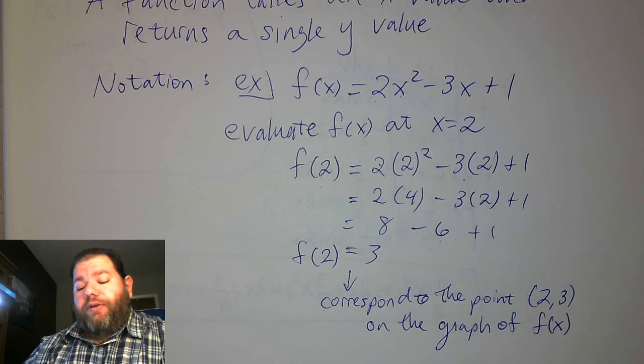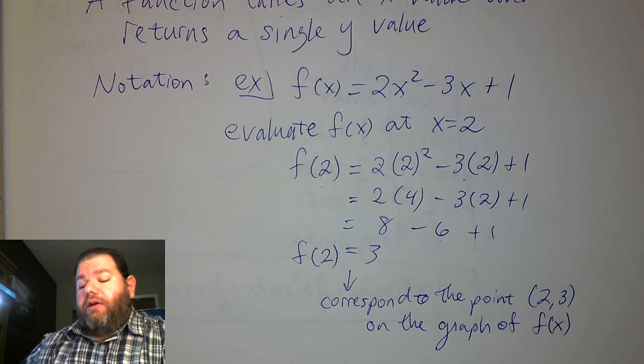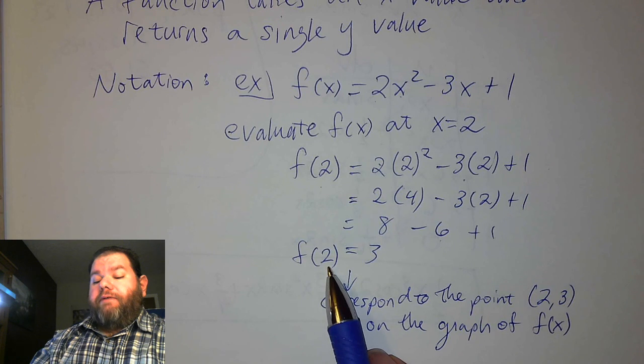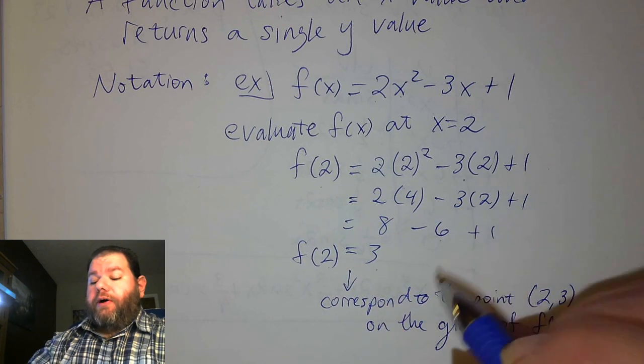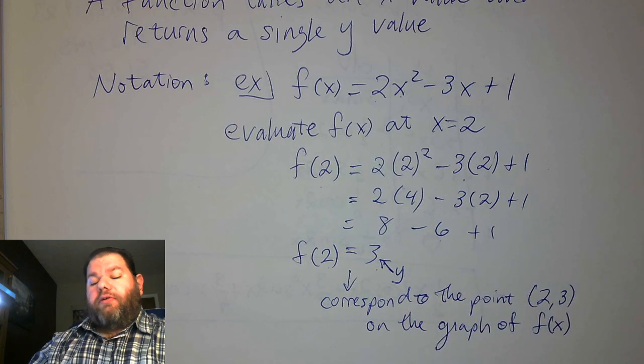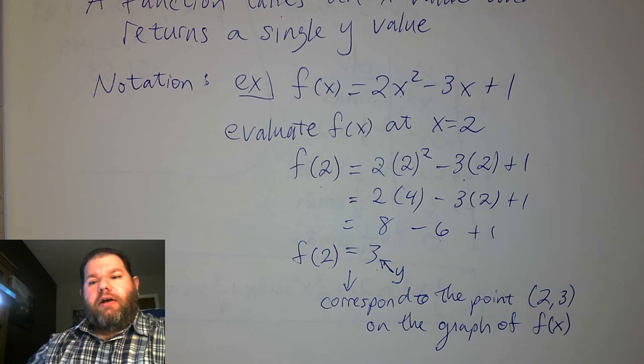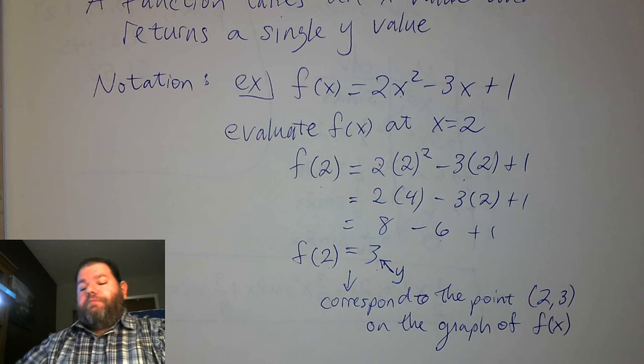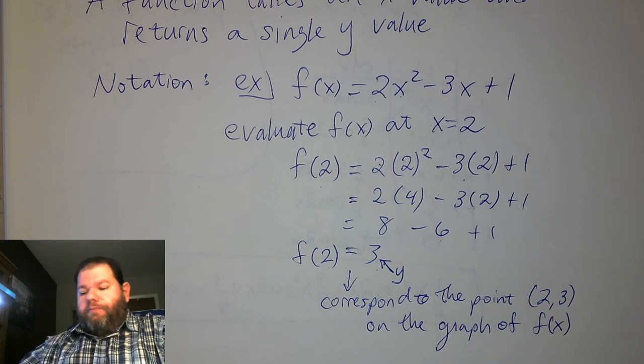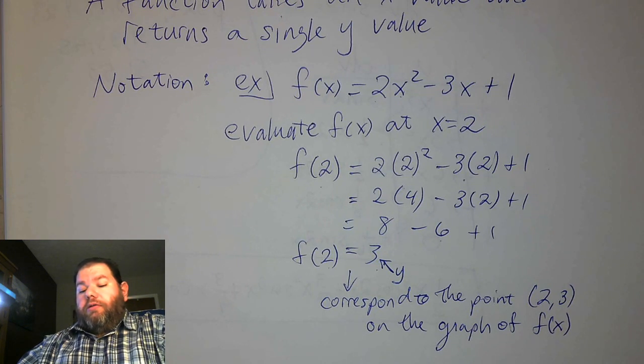The main thing, like I said, is following the order of operations and making sure that we get our value calculated correctly. The other thing here is that we plugged in a value for x, and the result here is then a value for y. So 3 would be considered a y value. And so it corresponds to the point 2, 3. That would be our ordered pair that is 1 point on the graph of f of x. That's something we'll explore further, I believe, in the next couple of sections, 2 and 3. I forget which one. Okay.